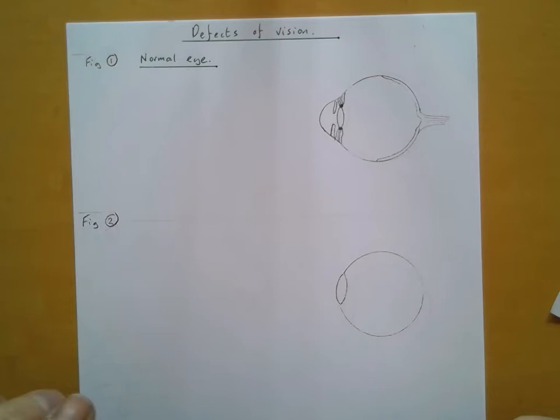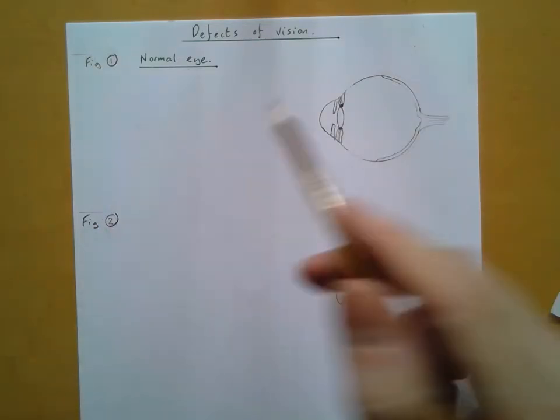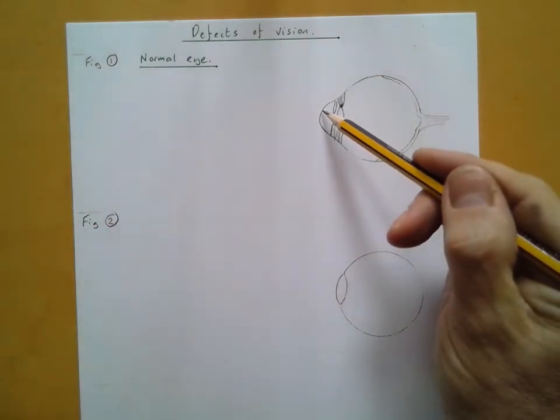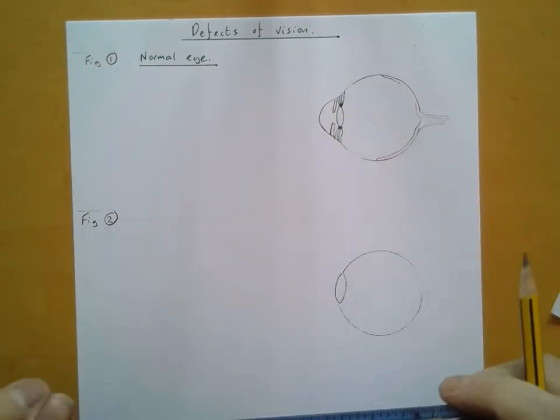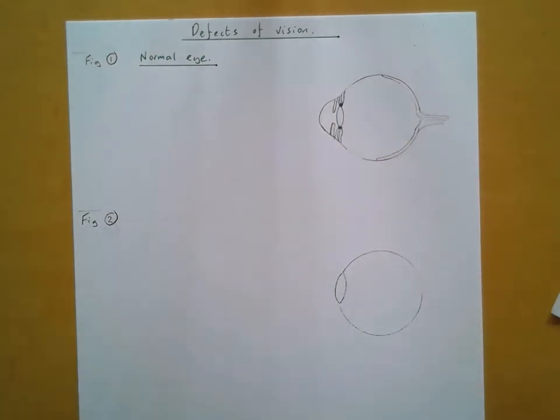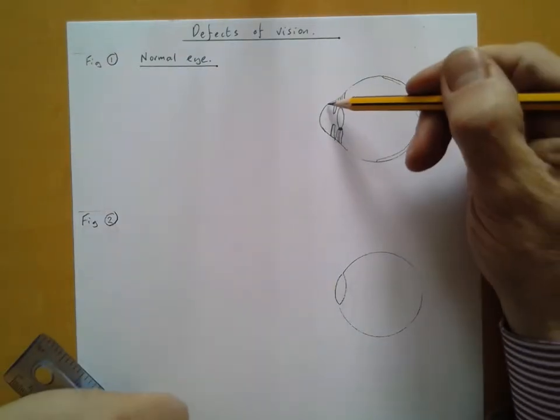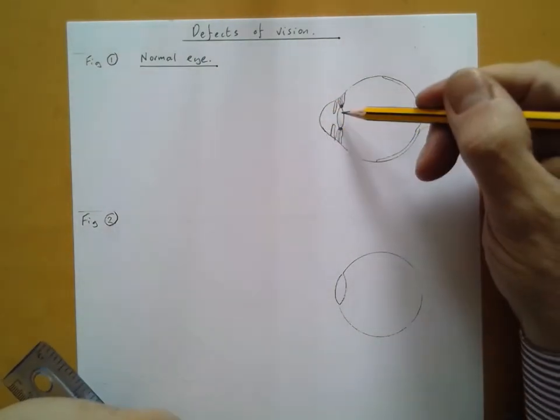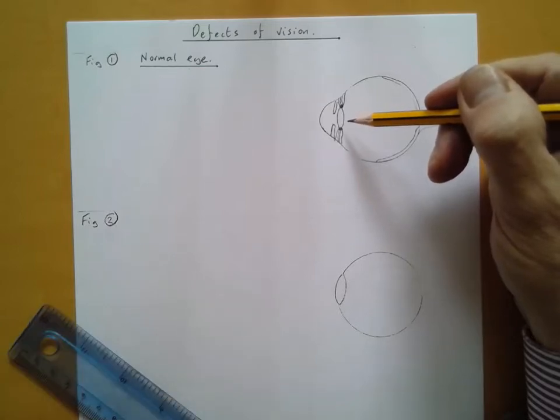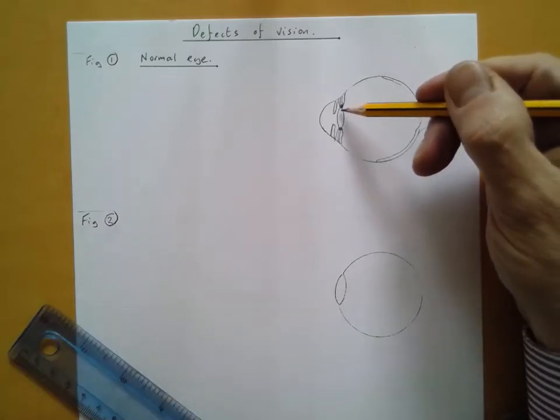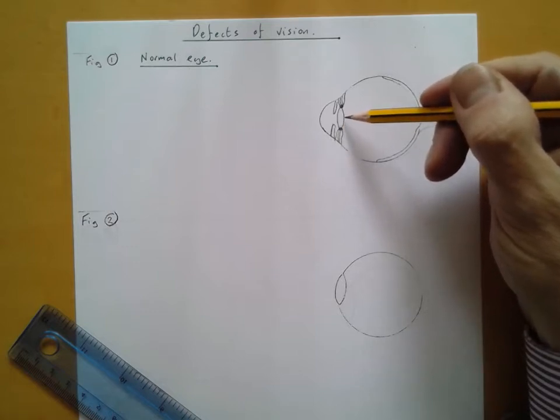Right. So light entering the eye suffers refraction at the cornea, and then it suffers a little bit of extra refraction at the lens. Now, the cornea is fixed, but the eye lens, although it's living tissue, the tissue is transparent and it's also flexible. It's a bit like a sort of jelly-like substance.